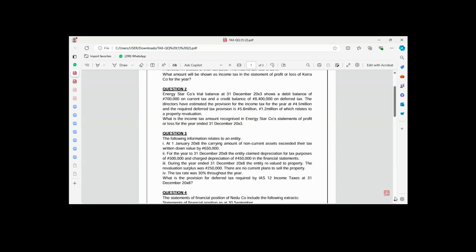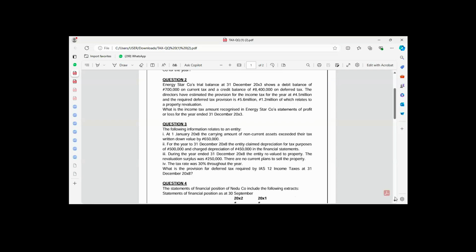Let me take all this one for the principle, what we have done. Question 3. In short, I expect everybody to do this one. In January 2009, the carrying amount of a non-current asset exceeds the tax base written down value by 650.